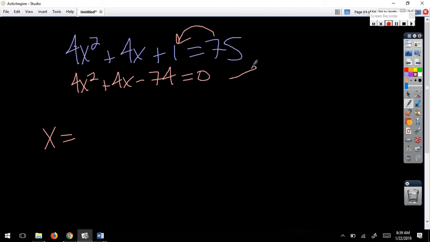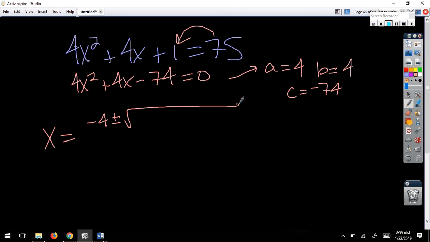What's a? 4. What's b? 4. What's c? That's right. It is literally plug and chug. This should not be hard for you if you've got the formula. Opposite b plus or minus. Notice I keep saying opposite. It's just like when we were doing a vertex. If it starts out negative, it's going to be positive. If it starts out positive, it's going to be negative.